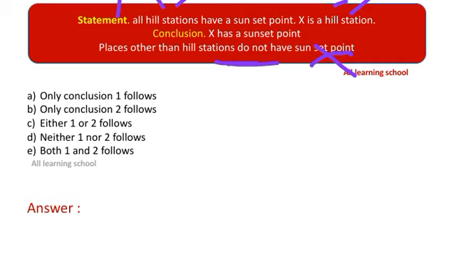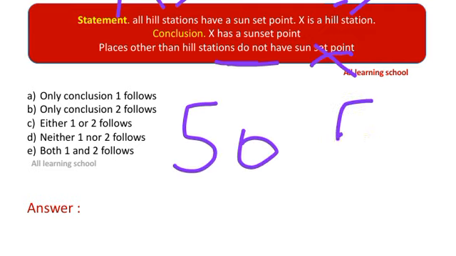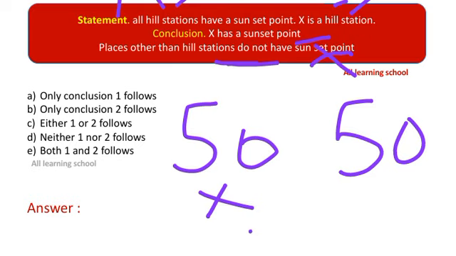Now we will solve it by the third rule of giving the expense. Any singular word like X, here X is given, any singular word is given the income or expense of 50-50. So in the first conclusion, X has a sunset point. X has expense of 50 and sunset has expense of 50.